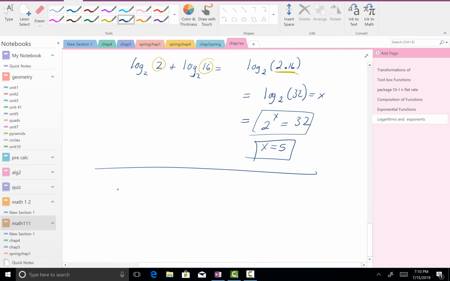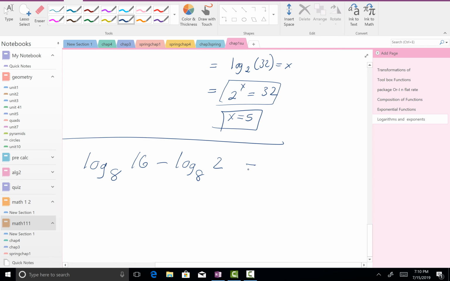So here's the next one: log base 8 of 16 minus log base 8 of 2. Okay, so we're going to use our properties of logarithms to get down to a single log. What would that look like? Log of what? Log of 8, and what's the base?